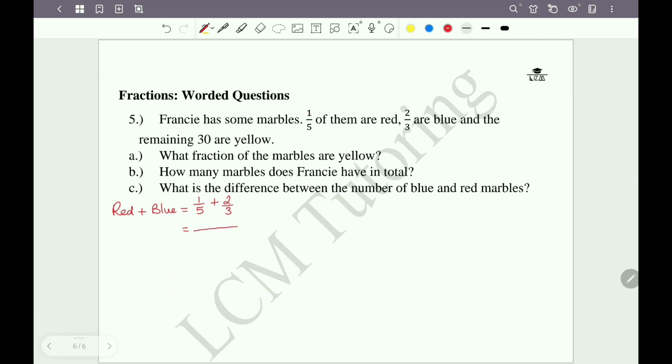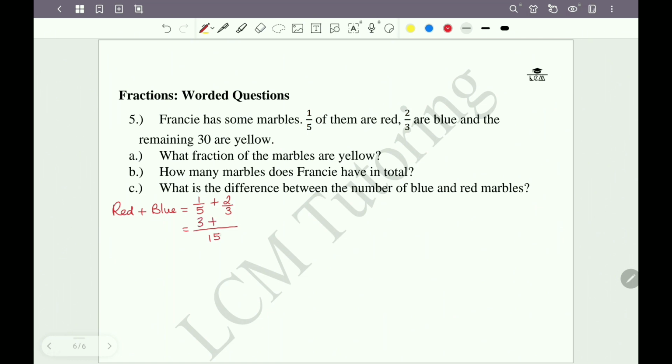So for 1/5 plus 2/3, of course, the denominators are not equal, so we need to find a common denominator. We'll use the LCM of the denominators, and the LCM of 5 and 3 is 15. Right, so now we can say 5 into 15 is 3. 3 times 1 is 3.